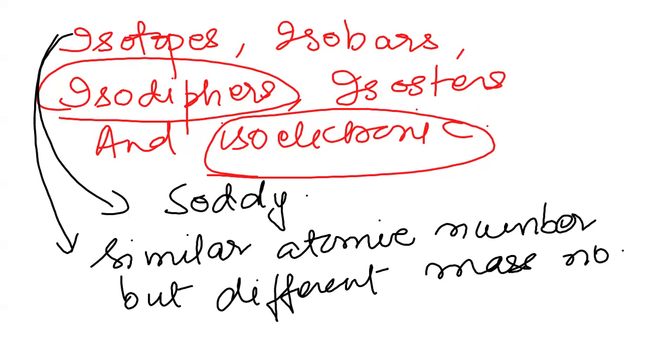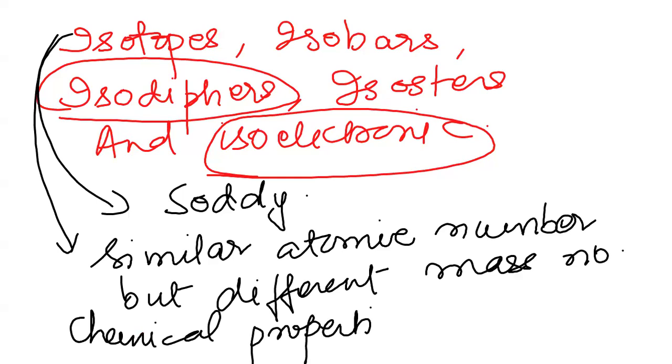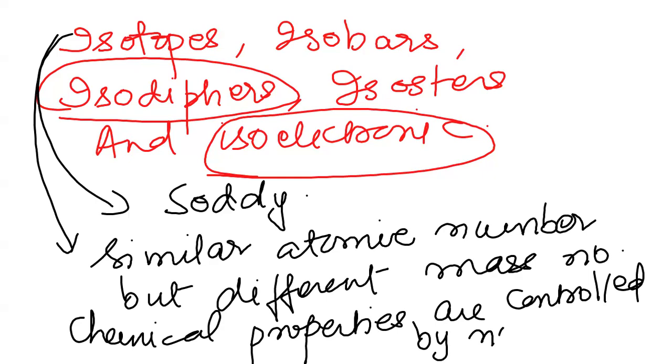So the chemical properties are controlled how? The chemical properties are controlled by the number of electrons.